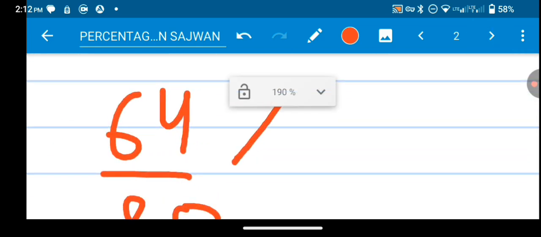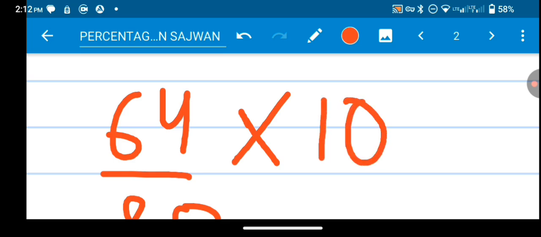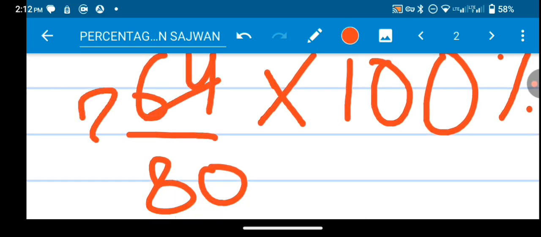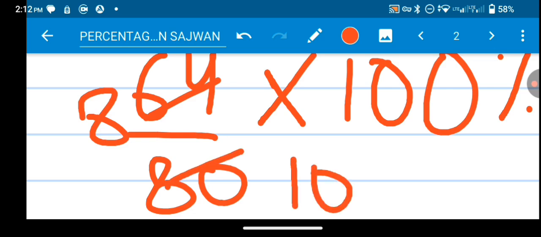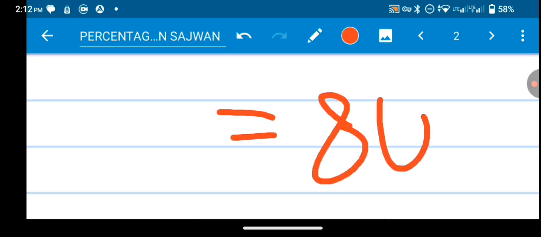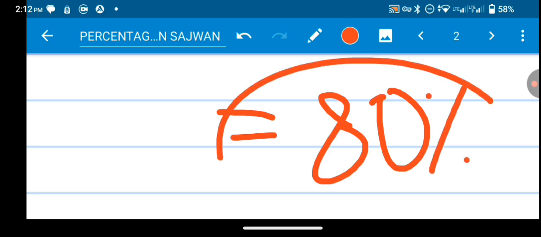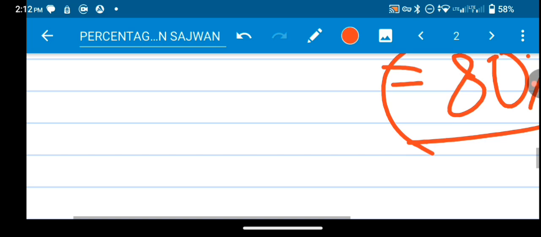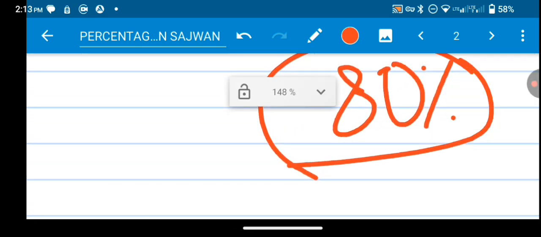To convert the fraction into percentage, we have to always multiply by 100. 64 over 80 times 100, which is 80%. 80% will be the answer of this question.